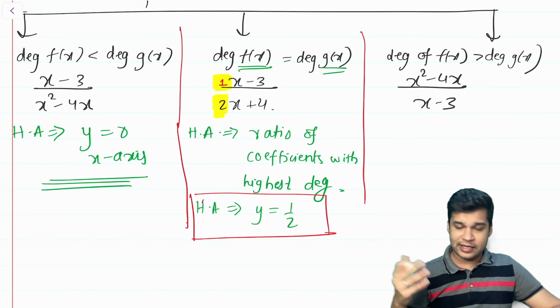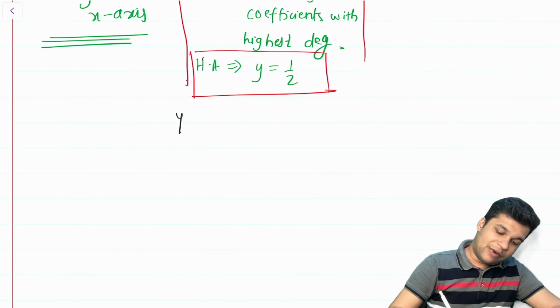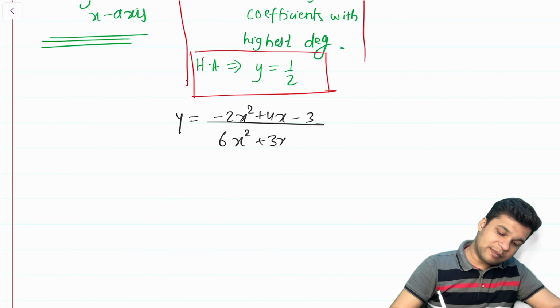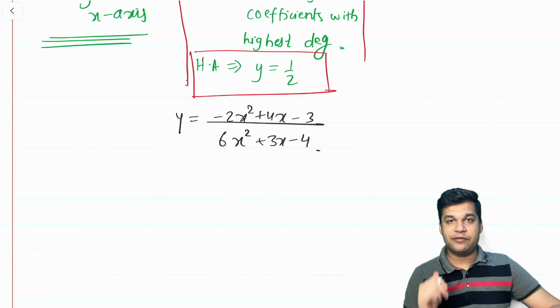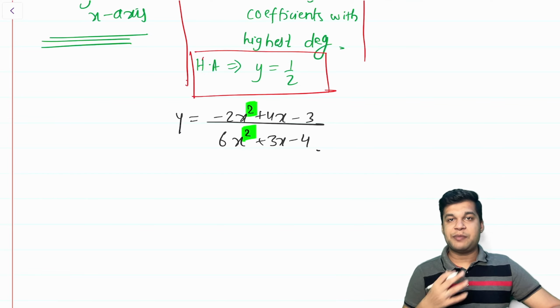I can give you another example. Let's say your function is y equal to (minus 2x square plus 4x minus 3) divided by (6x square plus 3x minus 4). What is the degree? The highest power is 2.